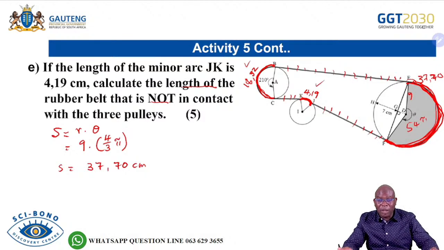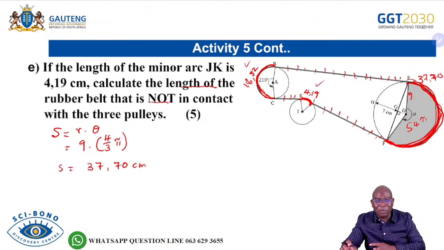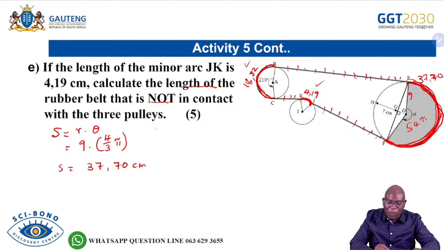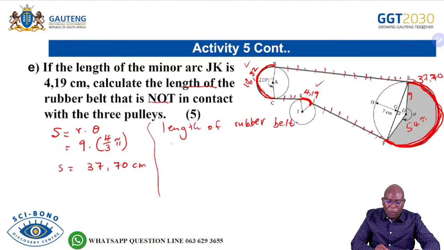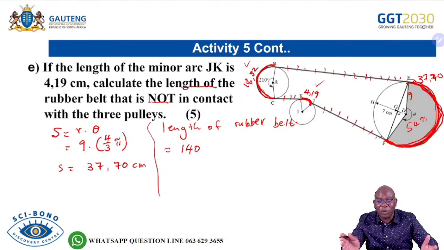So what should I do with that arc length? I must remove it. From how much? From 140. So I have the whole belt as 140. So remember in that question it says the whole belt is 140 centimeter. So now what should I do now? I must say the length of the rubber belt will be equal to 140. That is not in contact. Remember, it is not in contact with the pulleys.